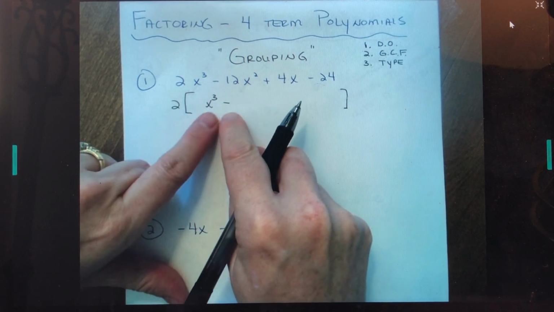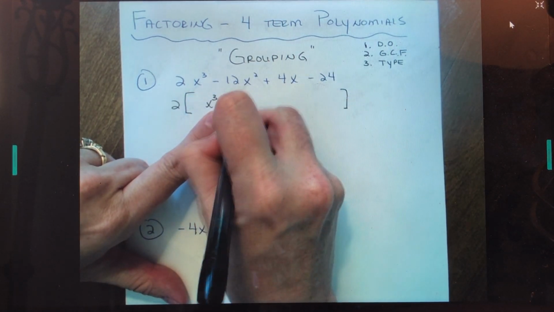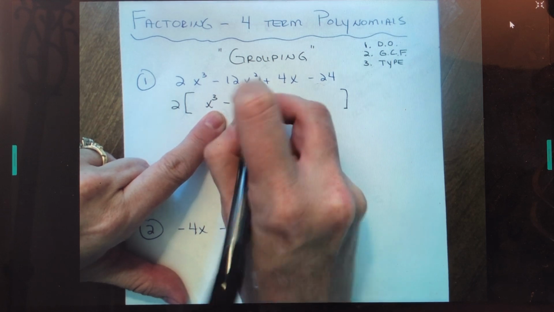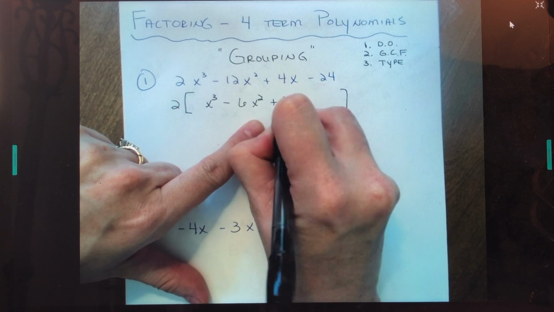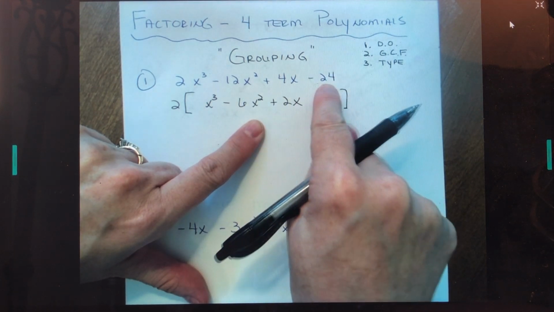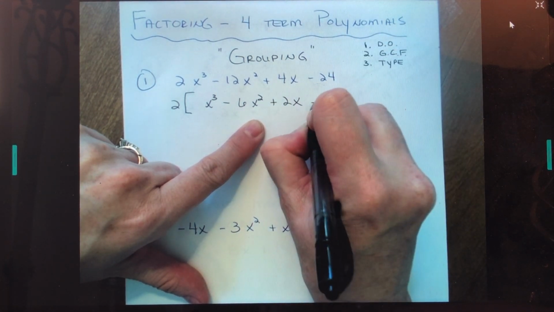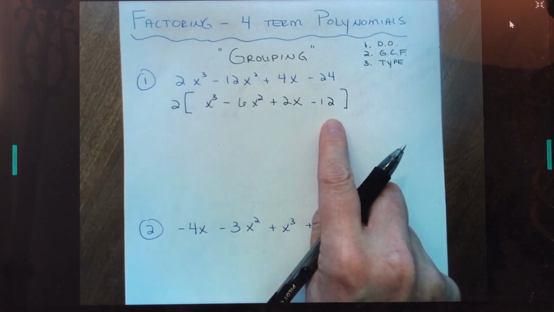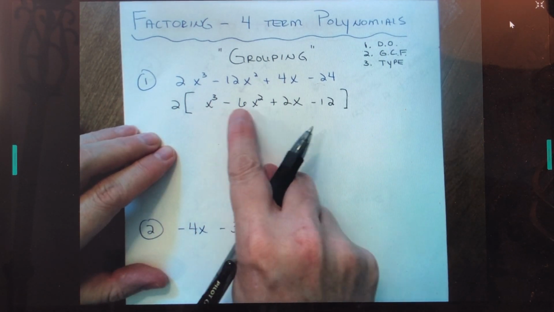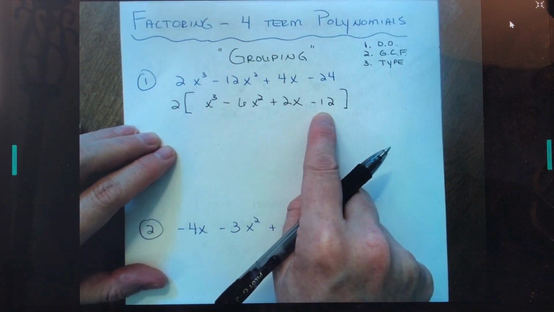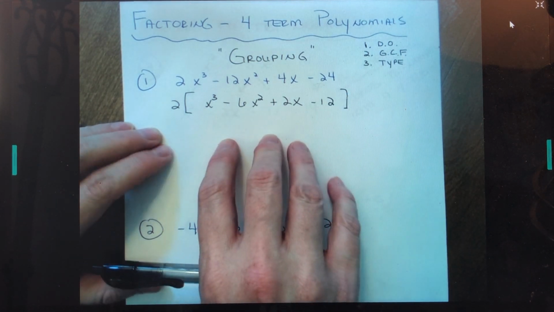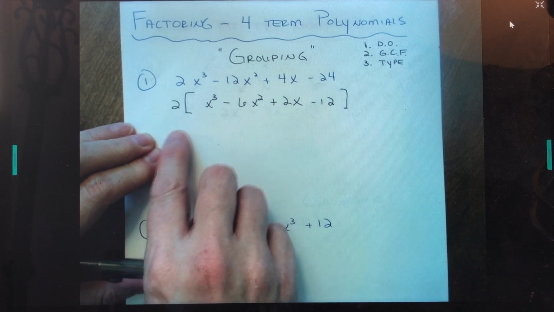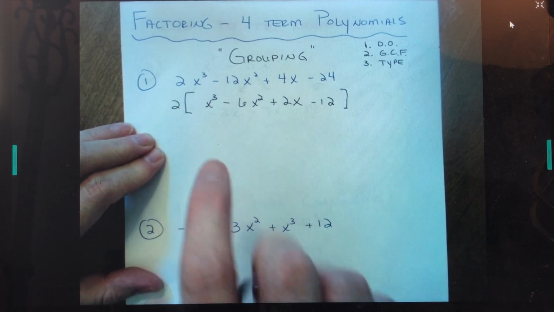There's my minus sign. If I pull the 2 there, I have a 6 x squared that remains. Here, dividing that by 2, I'm left with a plus 2x. And then finally, this last piece, if I divide that by 2, I'm left with negative 12. Okay, so this is actually now the four-term polynomial that I'm going to go ahead and factor. And as I progress through that, this GCF will sit here out front as a part of that factorization.